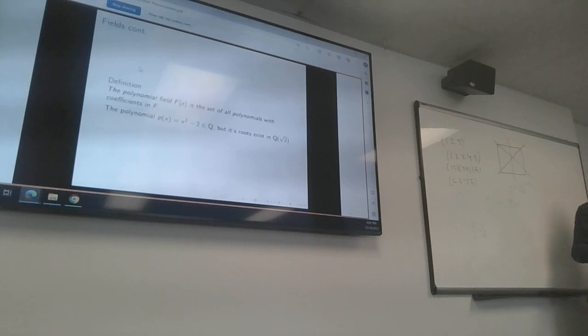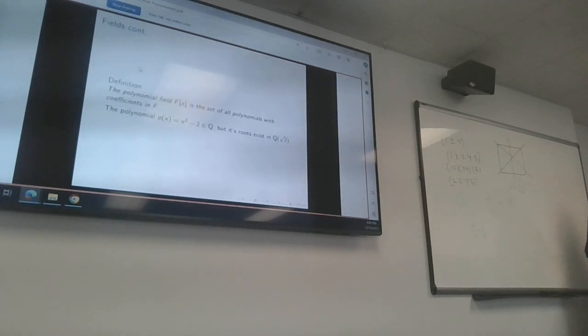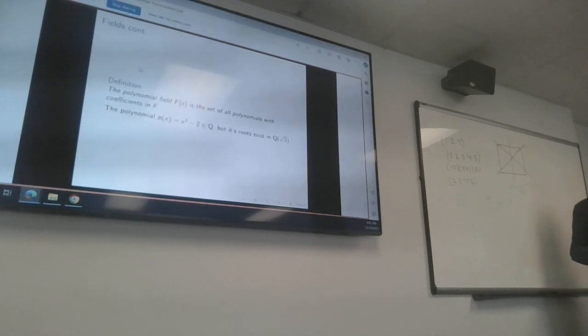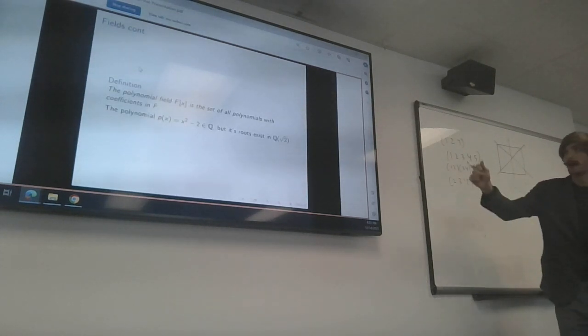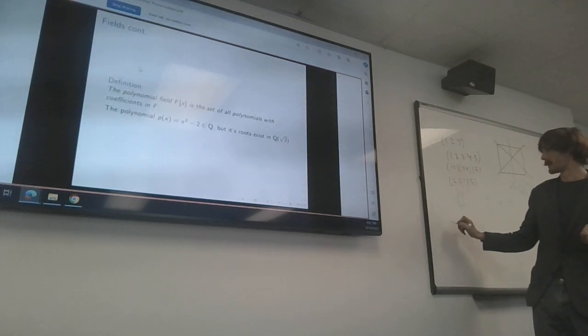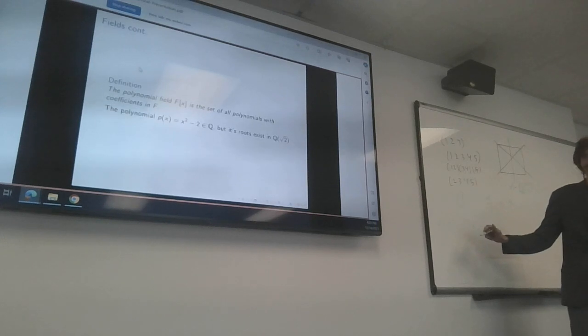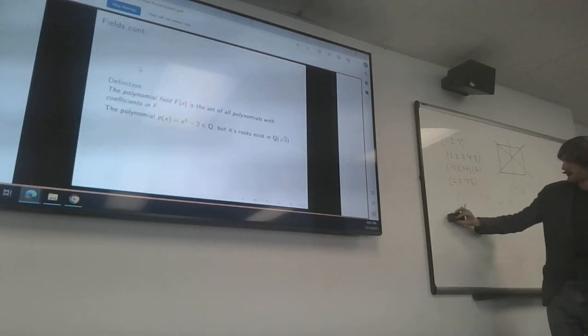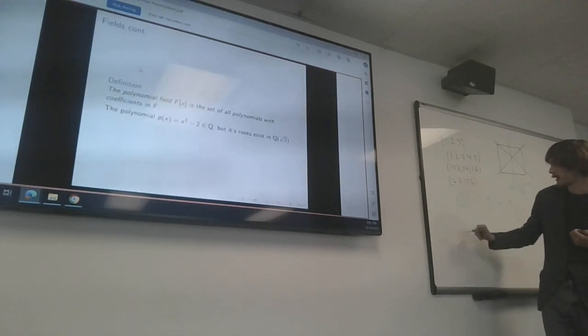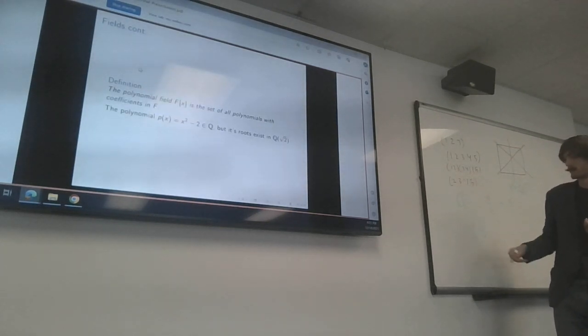An example of a polynomial that's in the polynomial field of the rational numbers would be x squared minus 2. The coefficients 1 and minus 2 are in the rational numbers, and then you also have 0 here, so you could have x squared plus 0x minus 2.